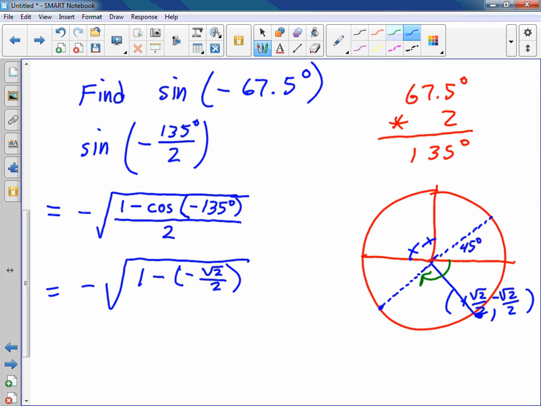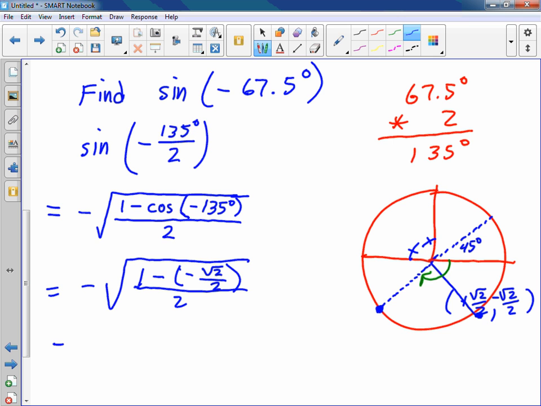So in this case, the coordinates are down here in quadrant 3. But we don't need to freak out about that. It's okay. So that's why this one is a negative square root of 2 over 2. Oh, and don't forget, divided by 2.